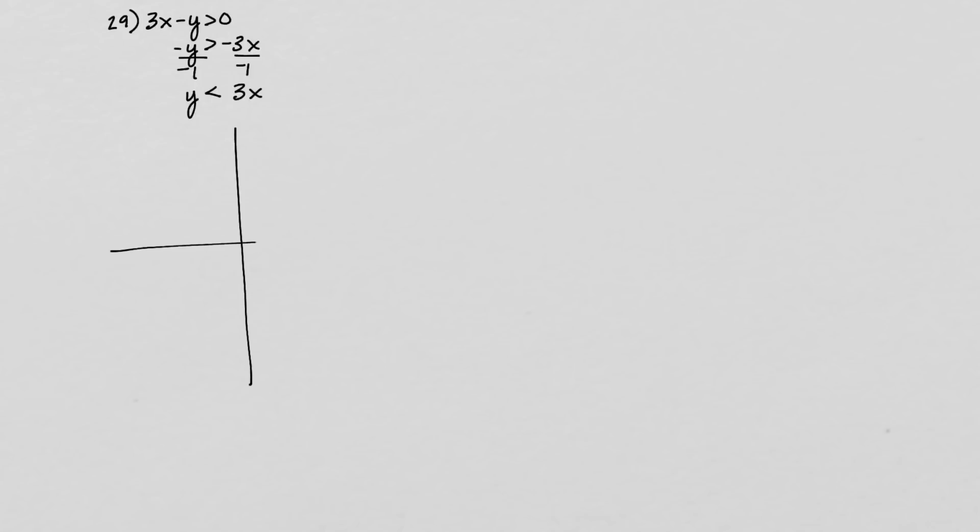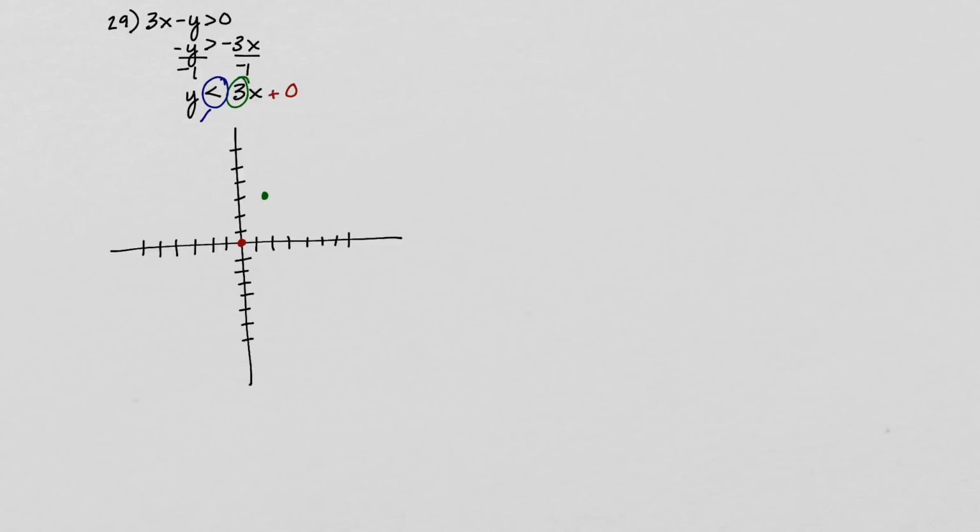So to graph this, there's no y-intercept, there's a plus 0, so the y-intercept is at 0. The slope is 3, so I'm going to go up 1, 2, 3, and over 1.